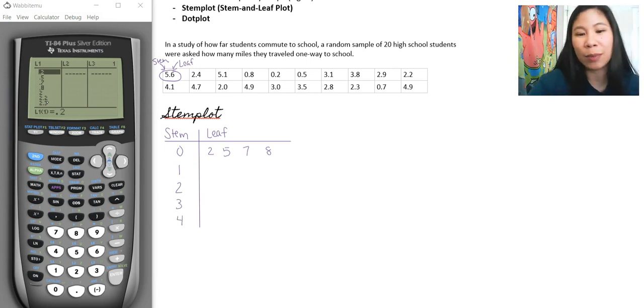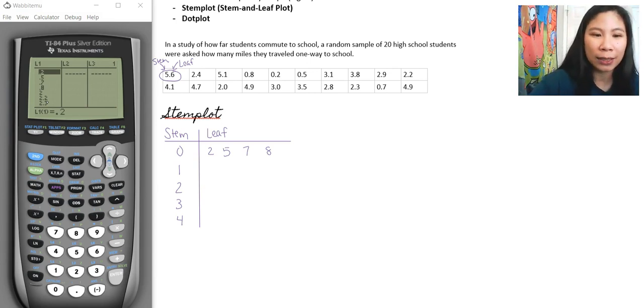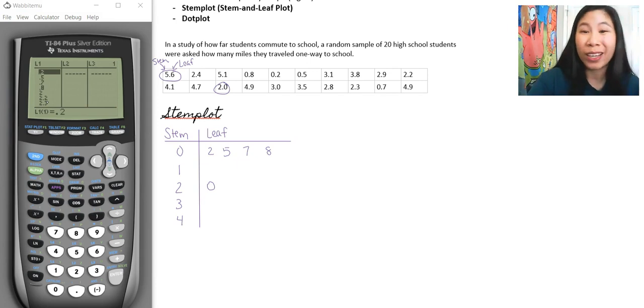However, in my stem of 1, I don't have any numbers because the next number in my data set is a 2, which is really the same as 2.0. And that's what I had in my data set as well, 2.0 there. So I'm going to skip the stem of 1, put nothing in there, but you have to leave the stem of 1 on the left side here. You can't skip that number. You just wouldn't have anything in that row.